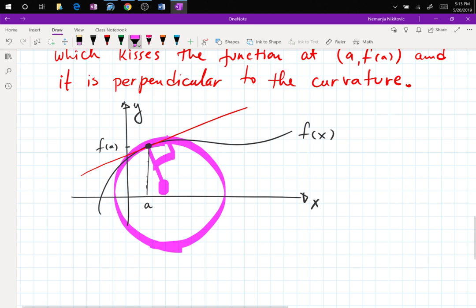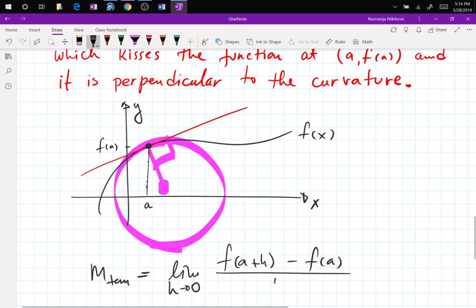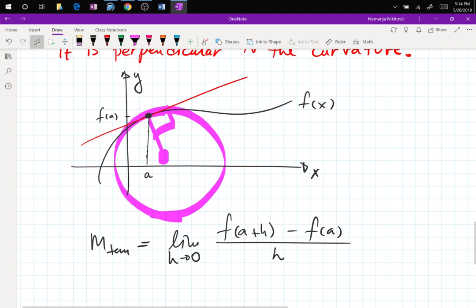But we know that we can calculate the tangent line by using the formula above. So m tangent is equal to the limit as h goes to 0 of f of a plus h minus f of a divided by h, to compute the slope.